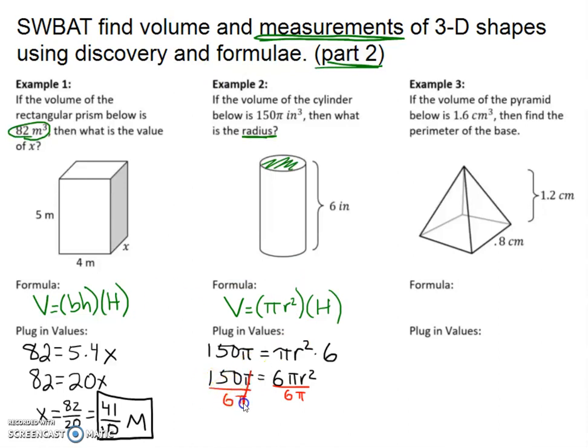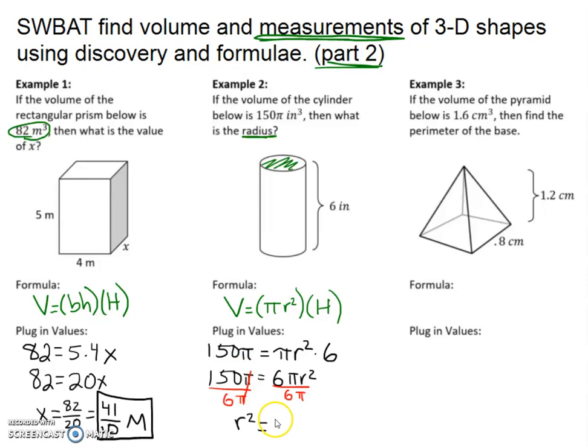And we're kind of lucky here, the pi's cancel, and we just get to do 150 over 6, which would be, what is that, 75 over 2? No, it's 25. Sorry, I'm just not in a good mental math mood right now.